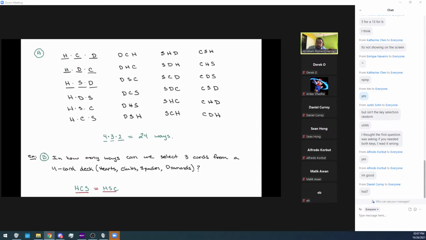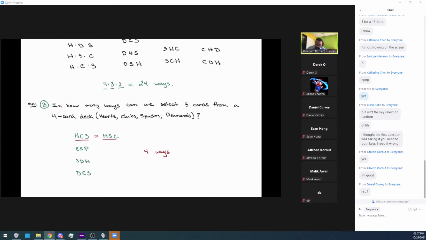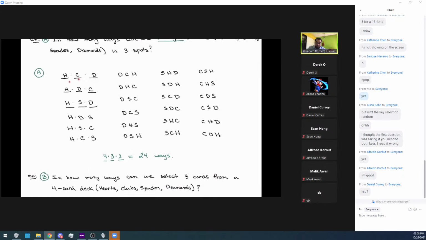So when we were doing the arrangement, we cared which one was in which position. We care which one we selected first, then second, and then third. That's why these are not the same. Because that's how we have 24 possibilities or 24 ways.